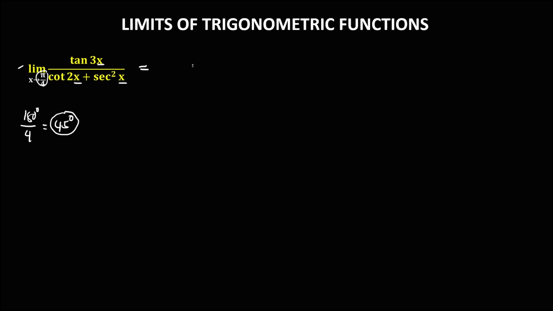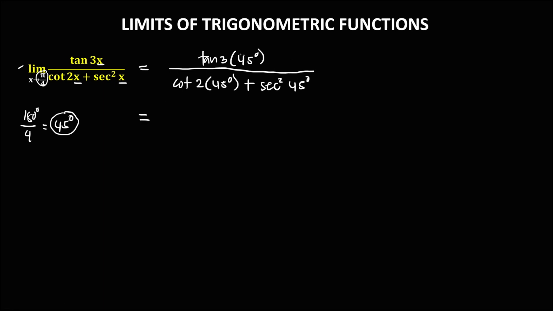So for the numerator, this is tangent of 3 times 45 degrees, over cotangent of 2 times 45 degrees, plus the secant squared of 45 degrees. Then to simplify, multiply 3 times 45.